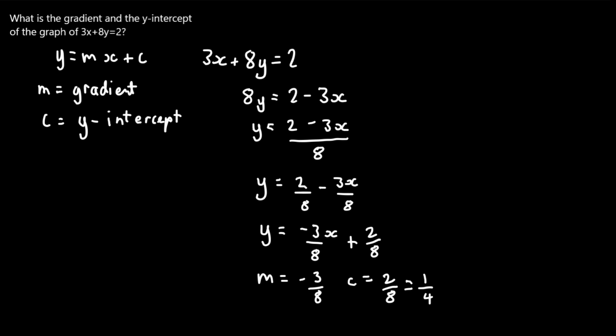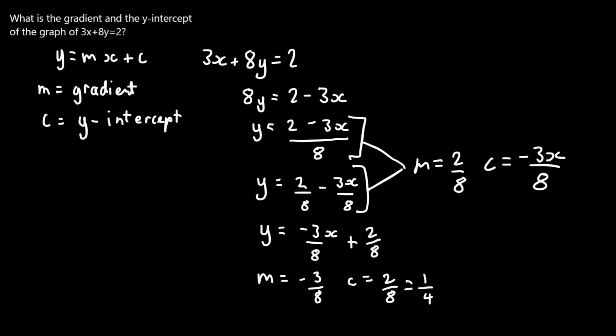Now the dangerous part is if you get to maybe this step here or this step here, you might think, okay, I've got it. M is equal to 2/8 and c is equal to negative 3x on 8.